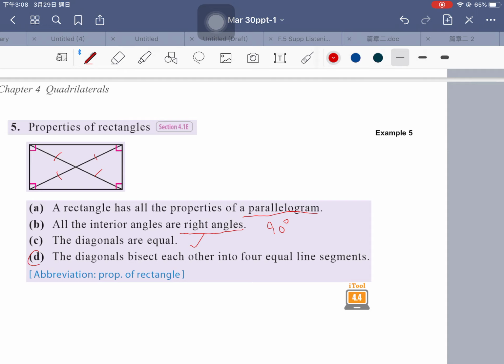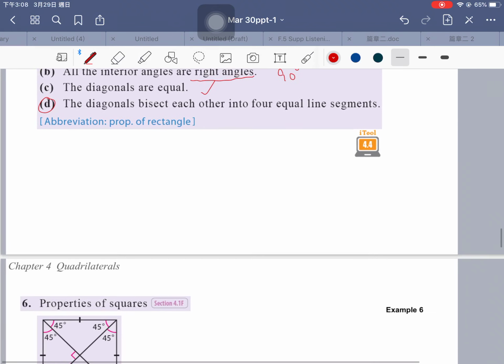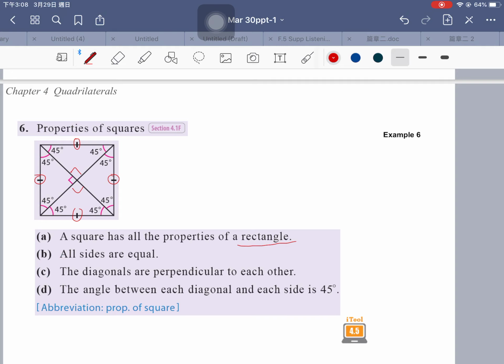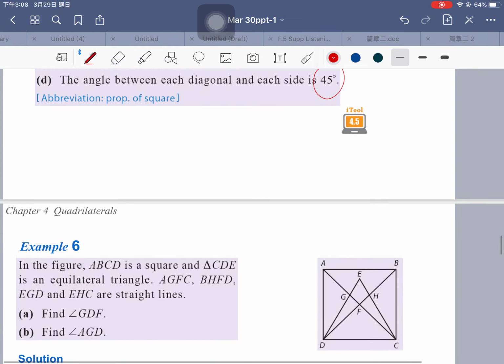And then we see that square is a special rectangle. The four sides are equal in length, and the diagonals are perpendicular to each other, and all the angles between the diagonals and the sides are 45 degrees.